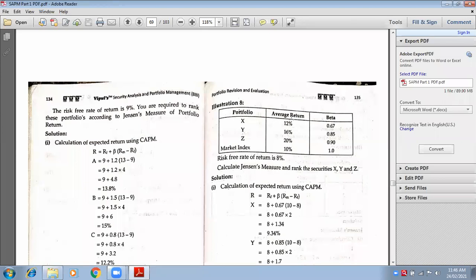What is X's actual return? Come on, quickly. X's actual is 12%.